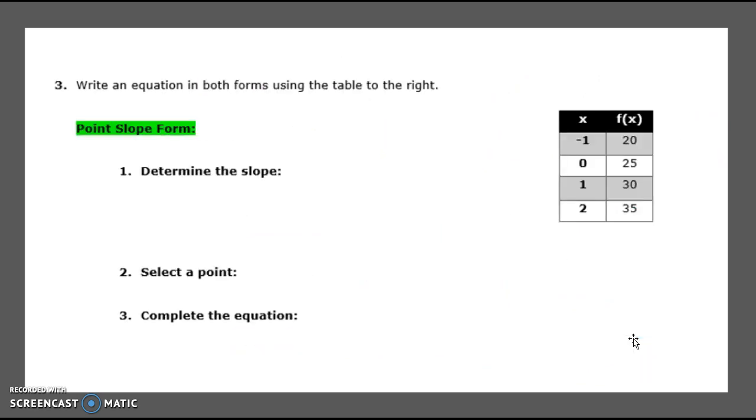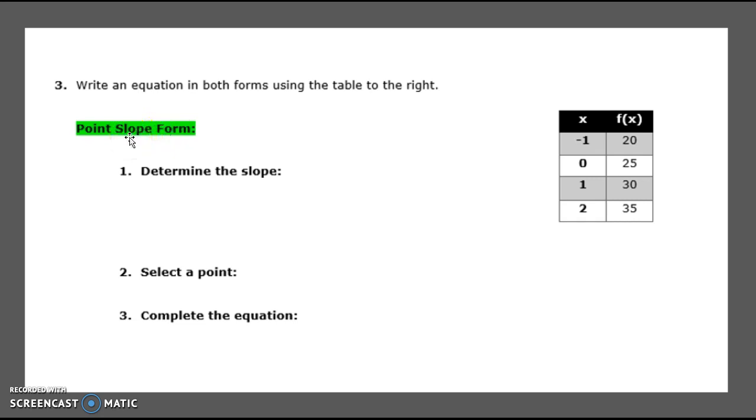Okay? You have learned today, or you've been introduced to, all the skills that you need. Whether you've learned it or not is up to you. I want you to do the last equation on your own, and I want you to check with a solution station that we have at either pink table. So what you're going to do is write an equation in both forms using the table to the right. The first one is point-slope form.